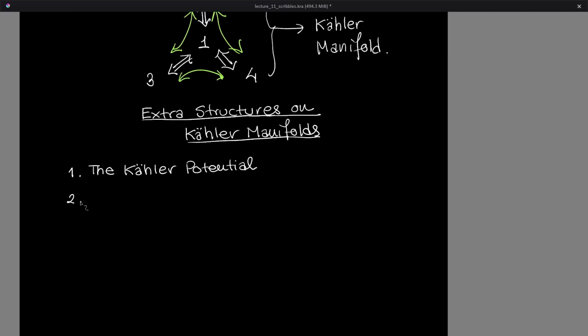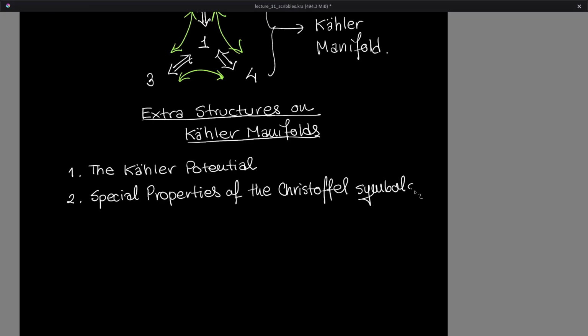And then we're going to look at special properties of the Christoffel symbols that we looked at in lecture 10. And lastly, we're going to close off with a discussion of something called a Ricci form and the special properties of the Ricci form.